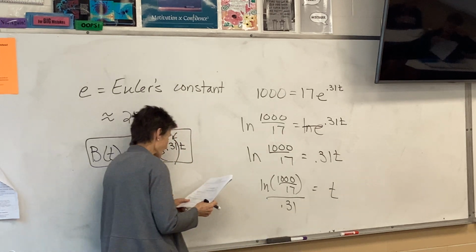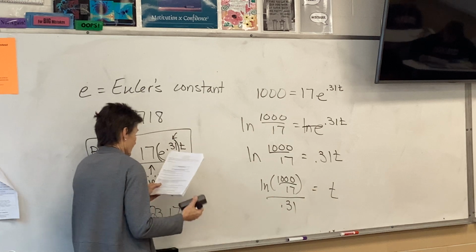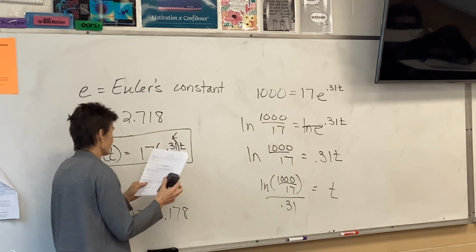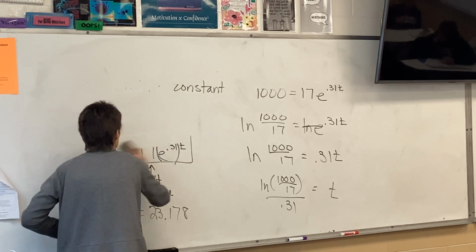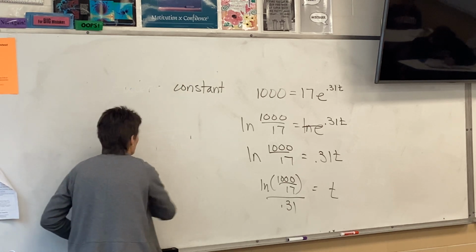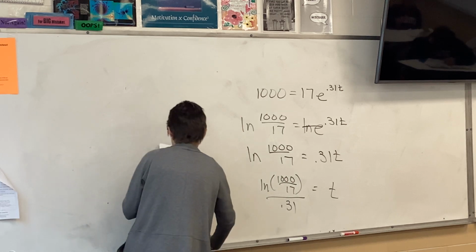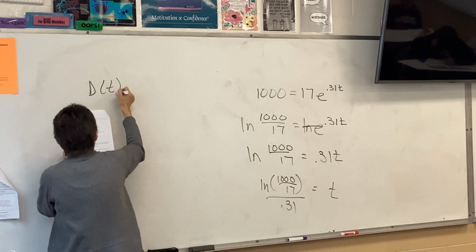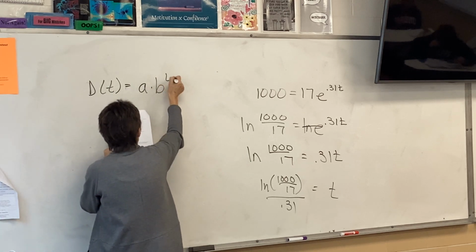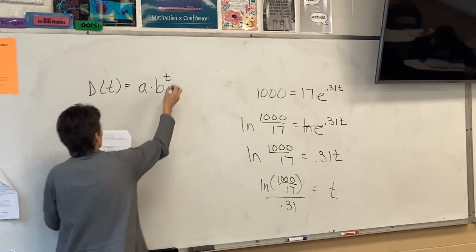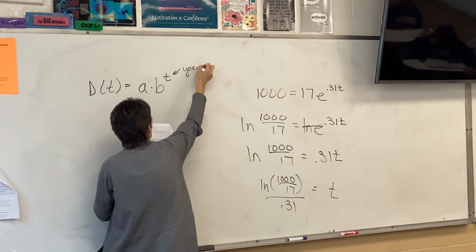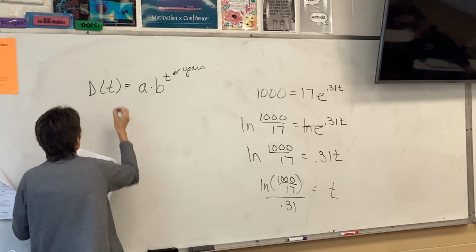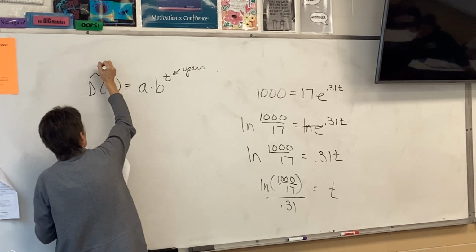So one more, example 5. 50 deer were introduced into a large wooded area, and the model for these deer is this, and T is the number of years, and D of T is the population.